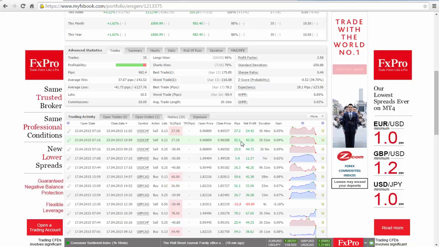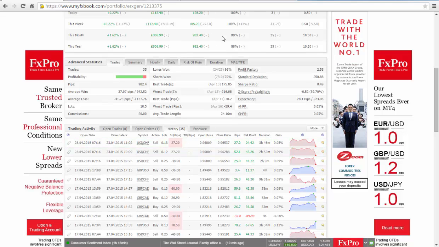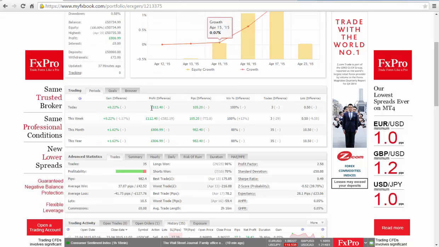Then after 50 pips, closed half of 0.25, that was 0.12. Move the stop loss to about 25 pips and got stopped out at 11:02 at the stop loss for a total of 112 pounds for the day.